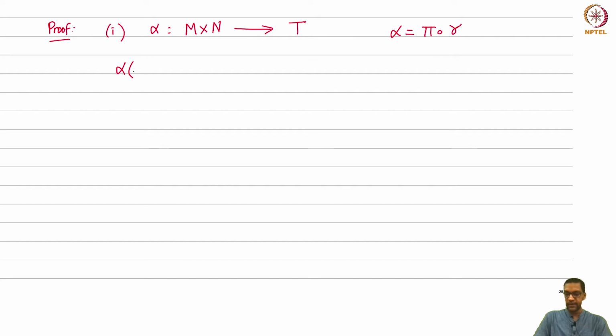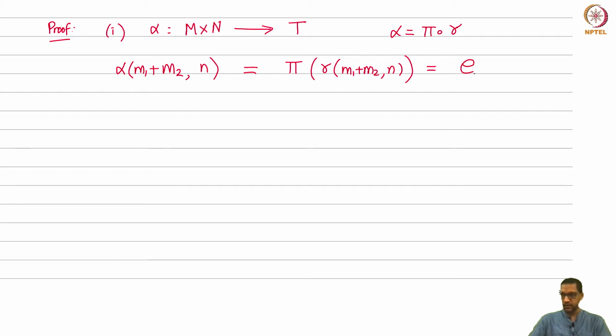So what does bilinearity require us to check? We need to take m1 plus m2 in the first component, n in the second component, and let's see what that goes to. According to this definition, this is pi of gamma of this, which is just the element e of (m1 plus m2, n), and pi is just mapping it to its coset modulo H. On the other hand, we need to check whether this is the same as alpha(m1, n) plus alpha(m2, n).